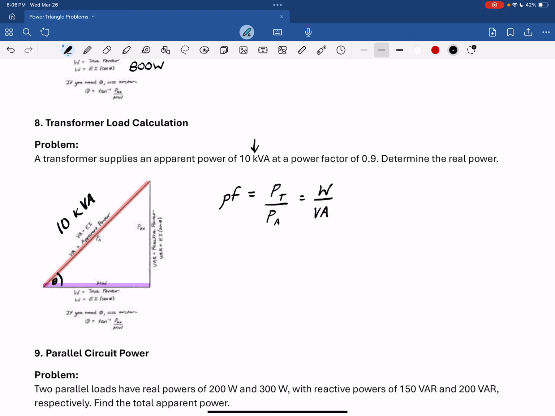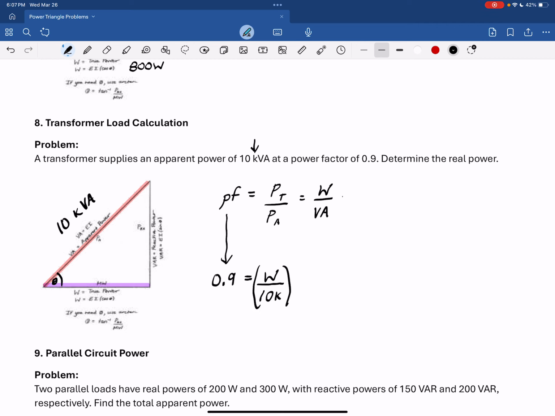So if we plug in numbers here, we know the power factor. So I'm going to call that 0.9. And we know W is purple, but we don't know what it is. And we know that 10 kilos is our apparent power. So we'll put it down there. And so we're ready to solve.